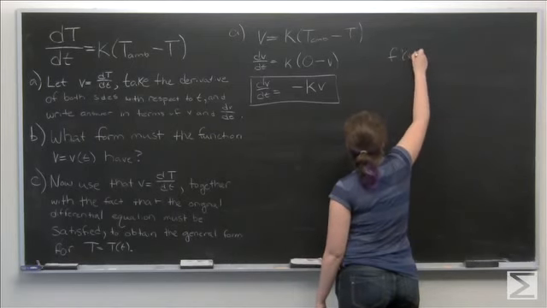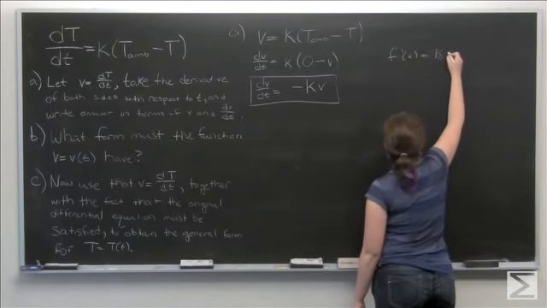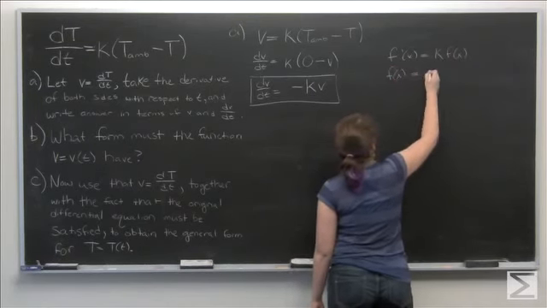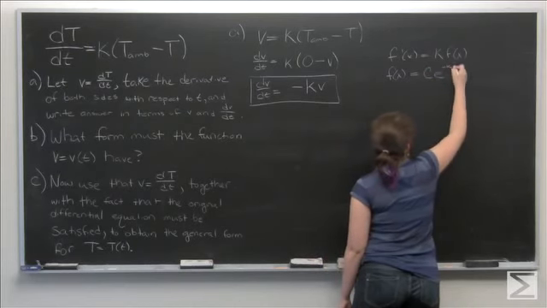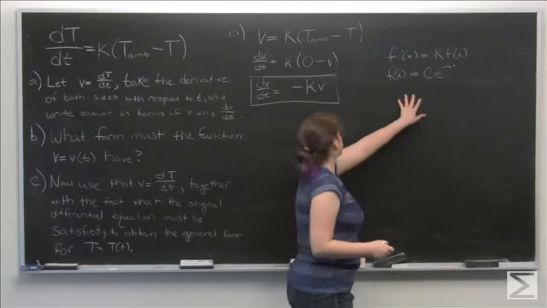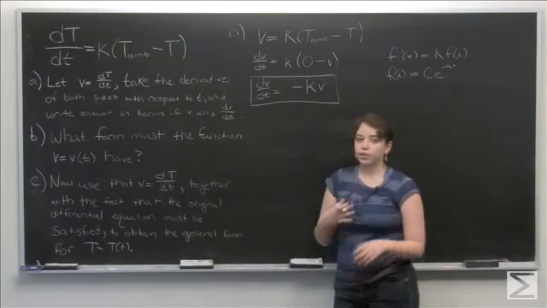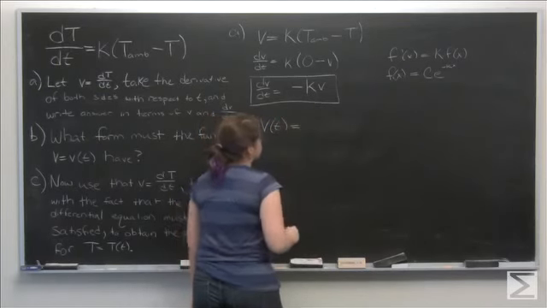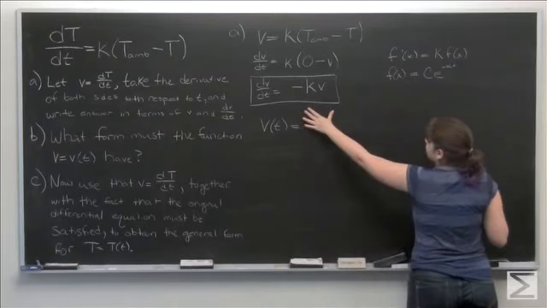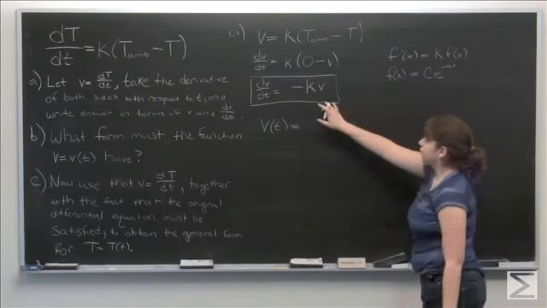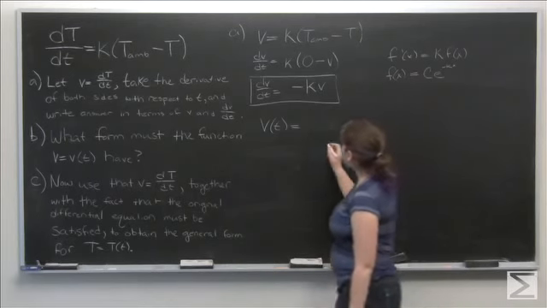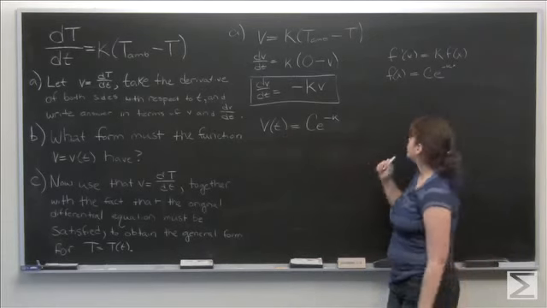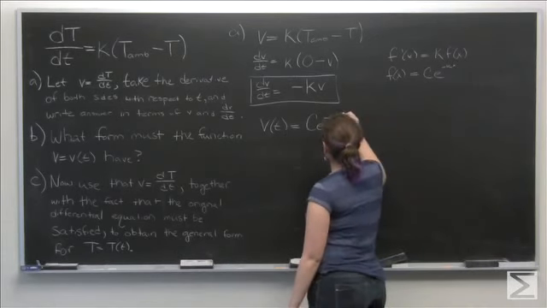So now earlier in the section we talked about a theorem that said if we're given f prime of x is equal to k f of x, then f of x is equal to c e to the negative kx. Okay, so using that, we're going to find the form of V of t, which is, matching up this with this, we don't want to forget about the negative sign because the k is the constant, so we have c e to the negative k, and then because this is with respect to t instead of x, negative kt.